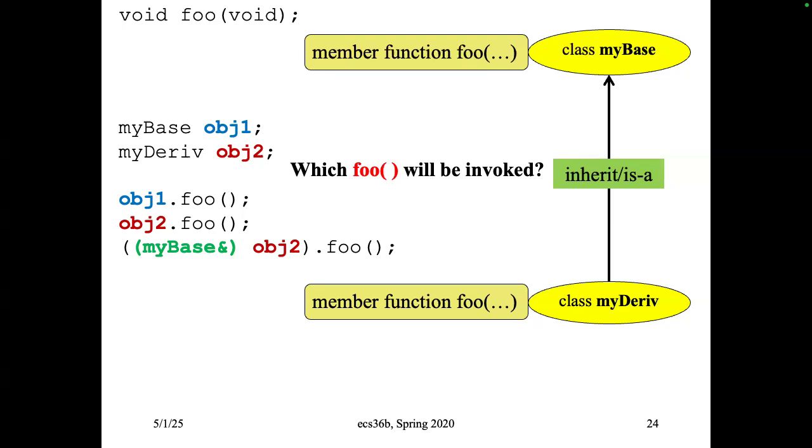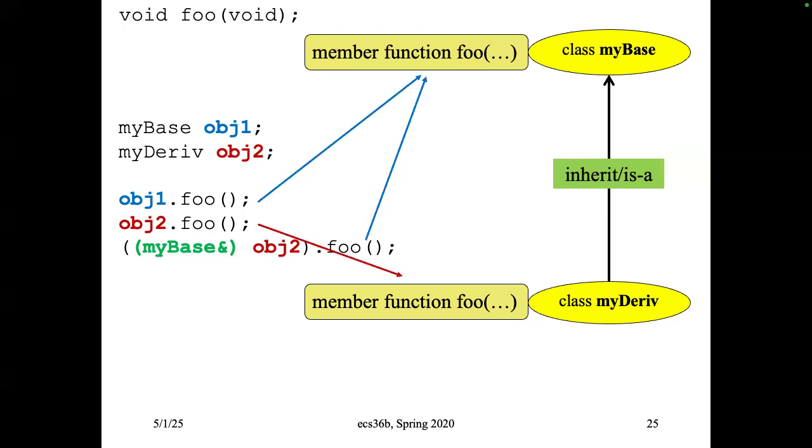But I have another foo function, which I declare and define through the class my derive. Okay, so I have both. I have two different versions of the same member function foo. Okay, so I'm going to show you this code. So the result should look like this.